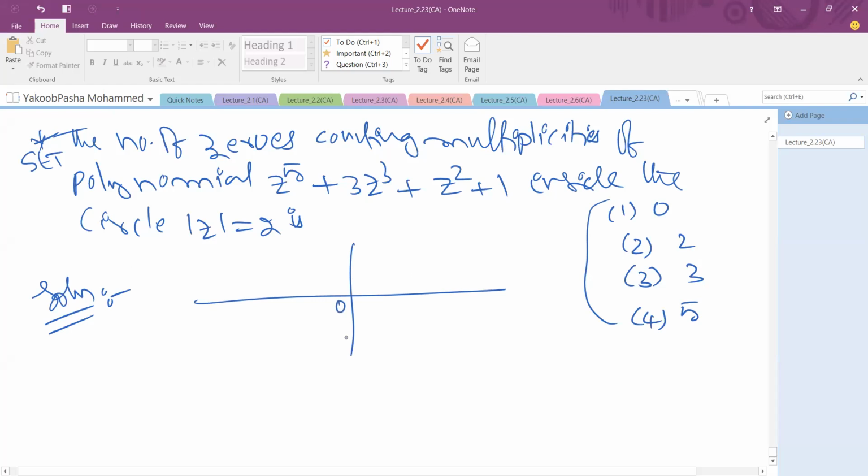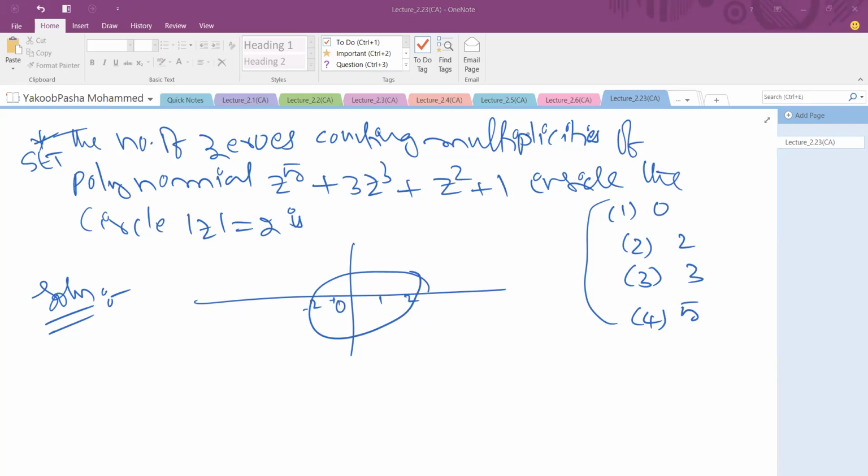This is 1, this is -1, -2, this is 1, this is 2. Inside this circle, the maximum number of zeros for this polynomial is 5. There are chances of having 5 zeros, but we have to check our condition.